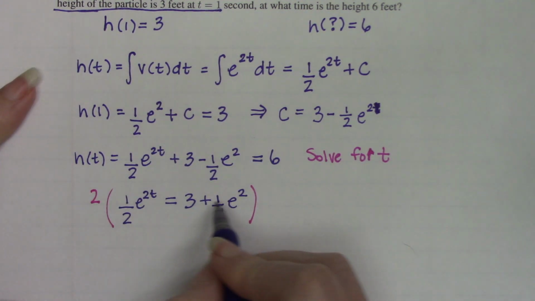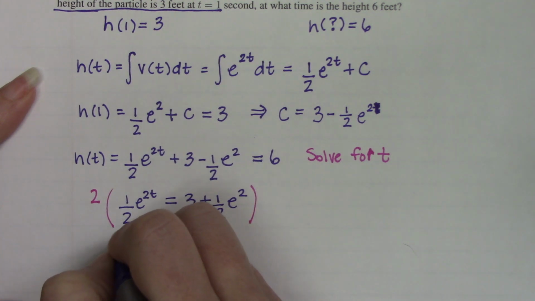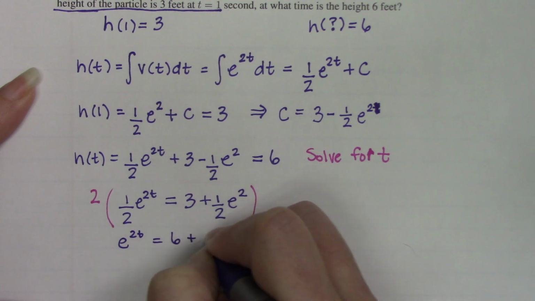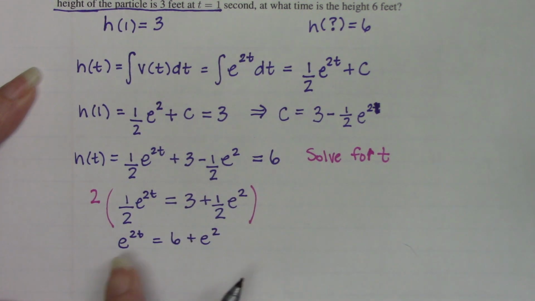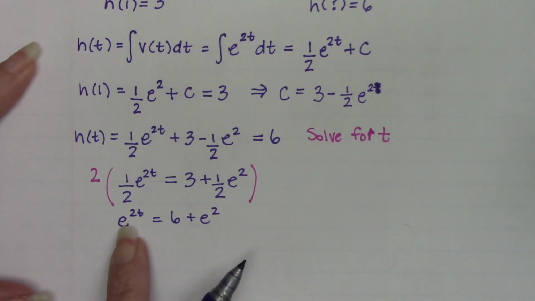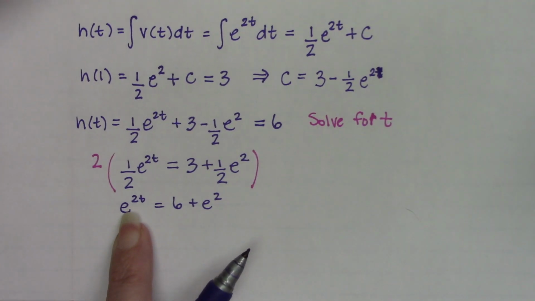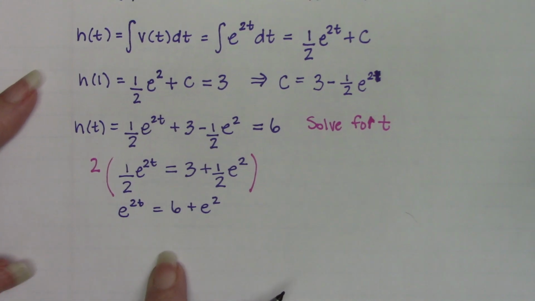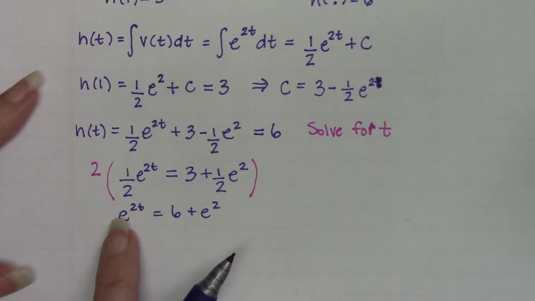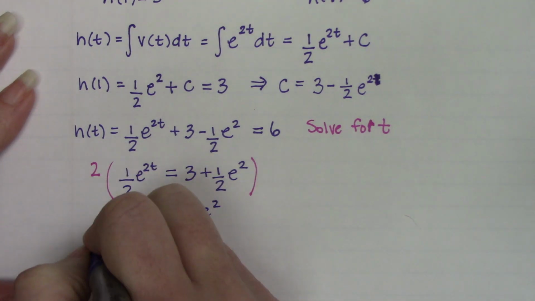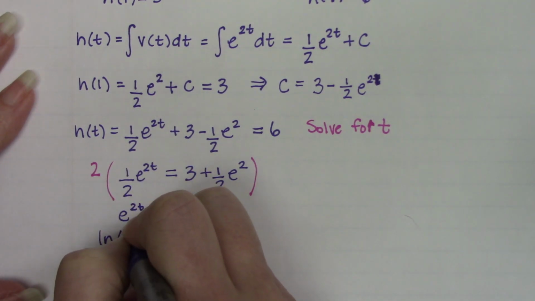So when I distribute the 2 across, I simply have e to the 2t equals 6 plus e squared. Now that this e to the 2t is by itself with no coefficients, this t is trapped in the exponent. So if I plug each side into the inverse, which is ln of x, that will allow me to wipe this out and just deal with the 2t. So I'm going to take the natural log of both sides.